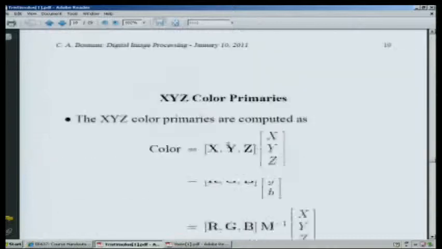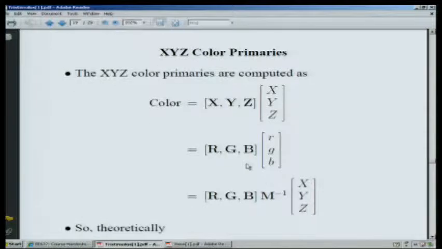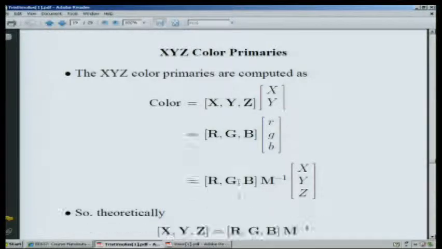The color is going to be x, y, z times the associated primaries, which I'll call uppercase X, uppercase Y, and uppercase Z. That's going to be the same thing as RGB times the RGB primaries. But RGB times M is XYZ, so XYZ times M inverse is RGB, so I get this.